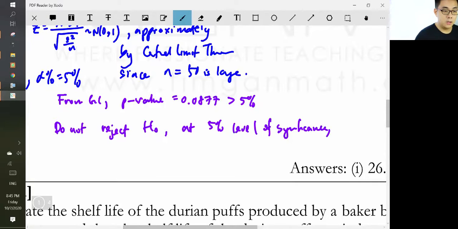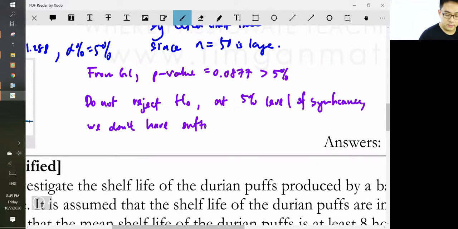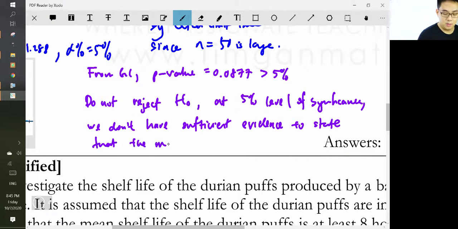We conclude that we don't have sufficient evidence to state that the mean speed of cars has increased.